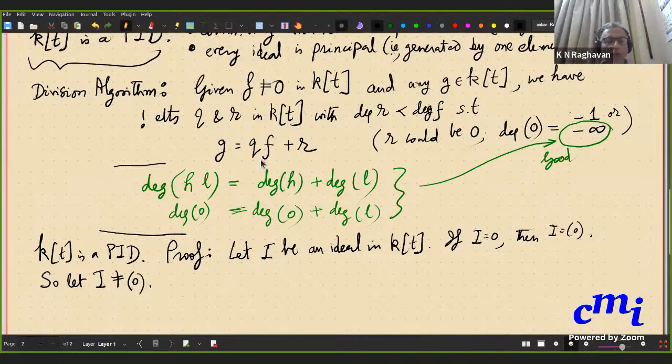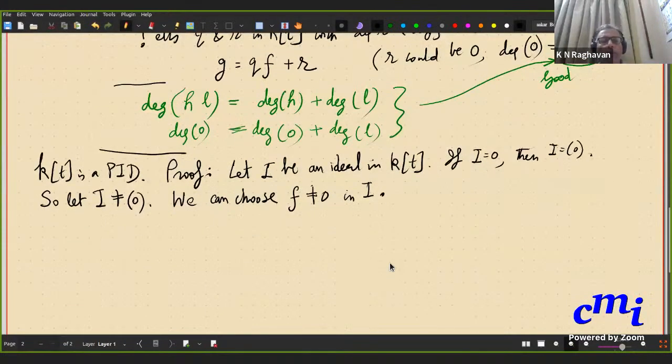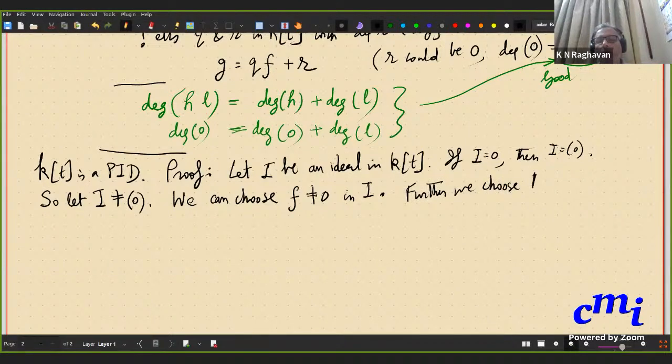Then, because it's non-zero, we can choose a non-zero element F in I. Now, what I further do is choose this F to be a non-zero element of minimum possible degree.